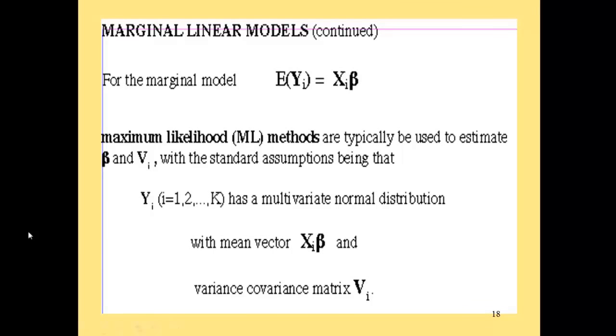So continuing talking about marginal linear models, for the marginal model written in the expected value matrix form, we use maximum likelihood methods to estimate the betas, again, just written in matrix form here instead of scalar, and the values that fill up the variance-covariance matrix for the responses, and that matrix is denoted V sub i.